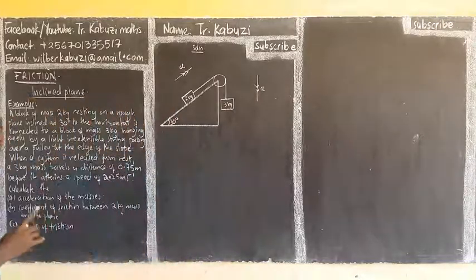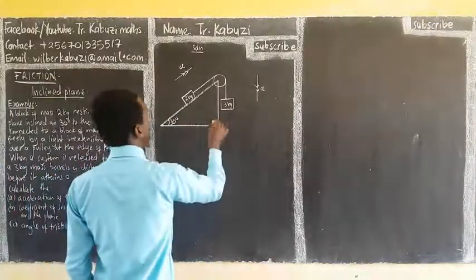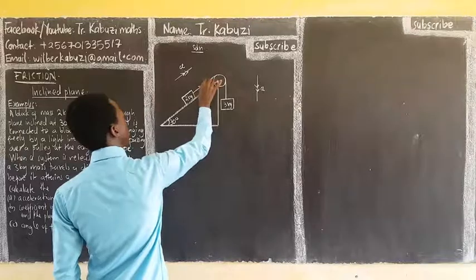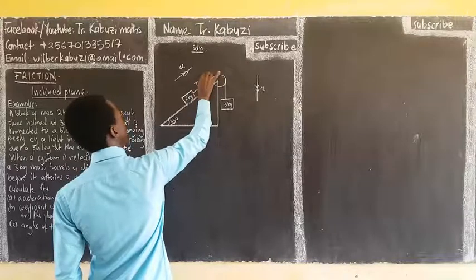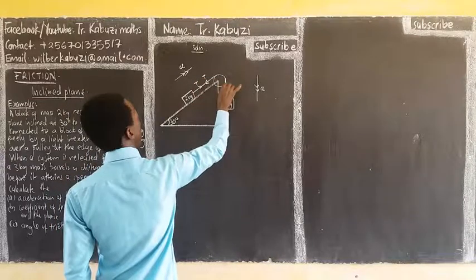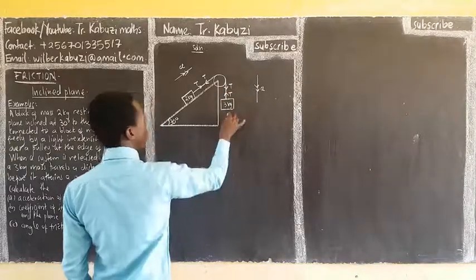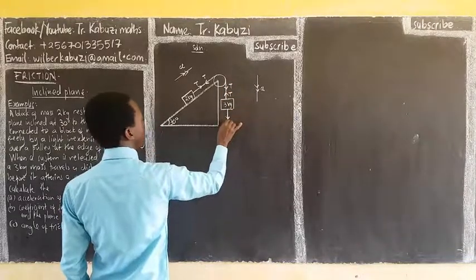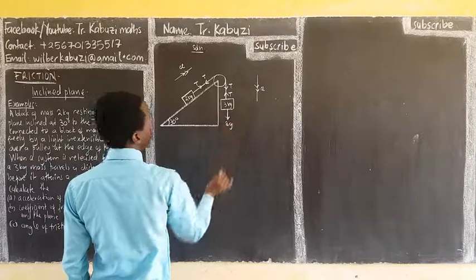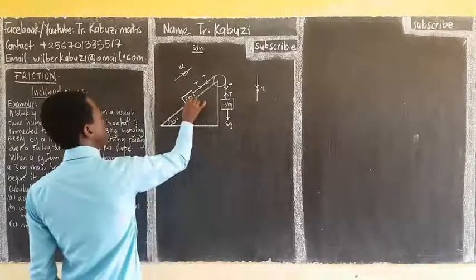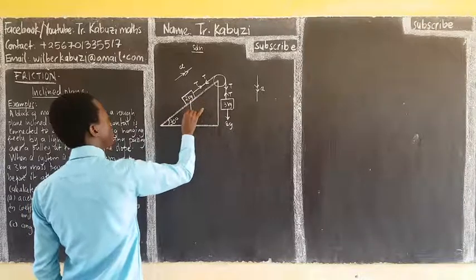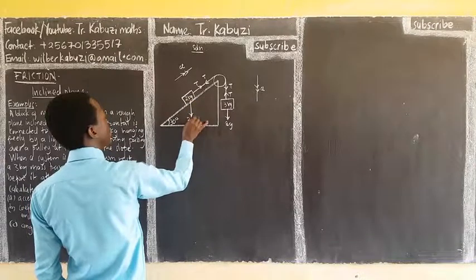Now we are going to have the tension in the string, and it's going to be the same because the string is the same. Because this one has mass, you get weight by multiplying 3 times the gravity. This one is also going to have mass times a.